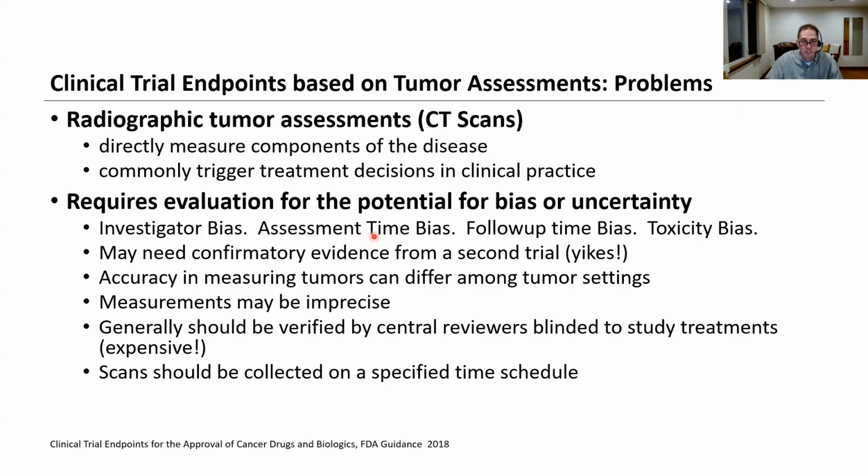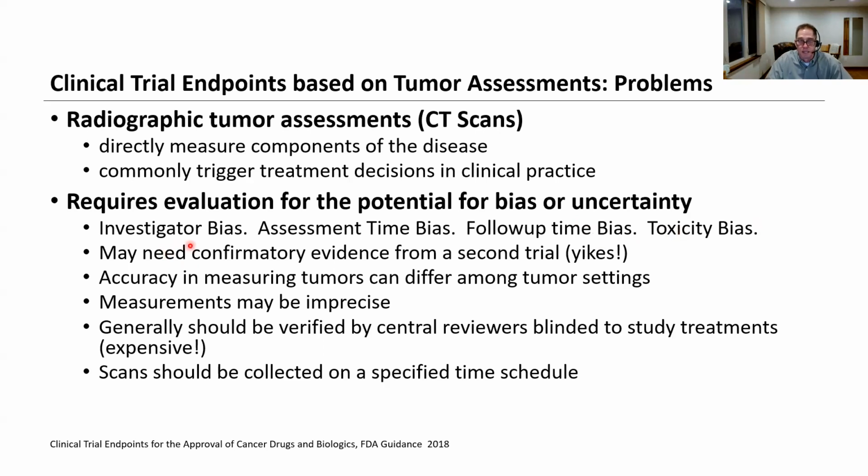So assessment time biases, follow-up times, if we're not following patients as long or under the same rules, different toxicities may influence whether patients get scans or not. And so there's lots of complicating factors in endpoints that are based on tumor assessments.